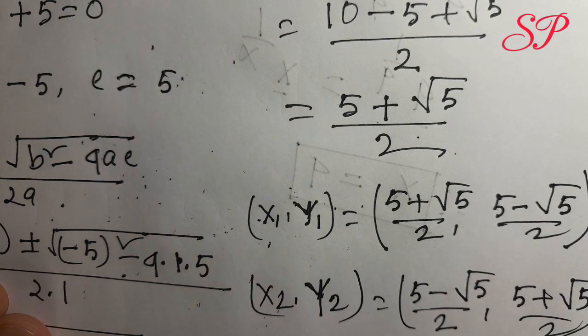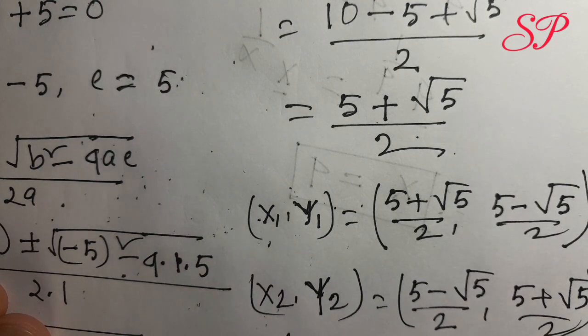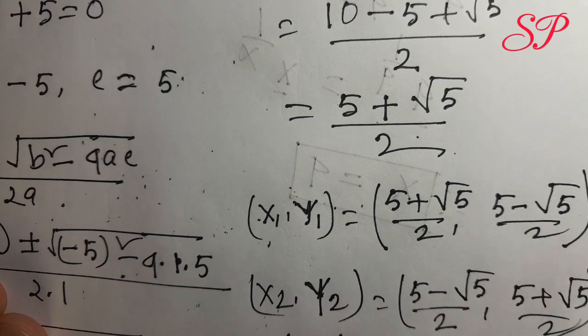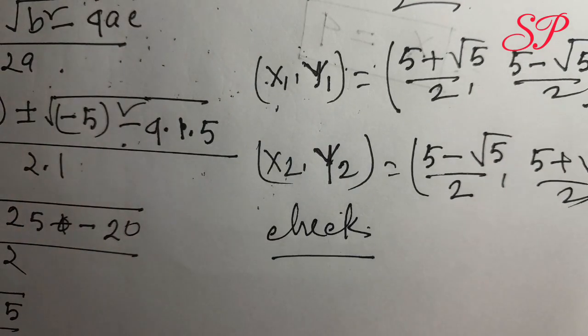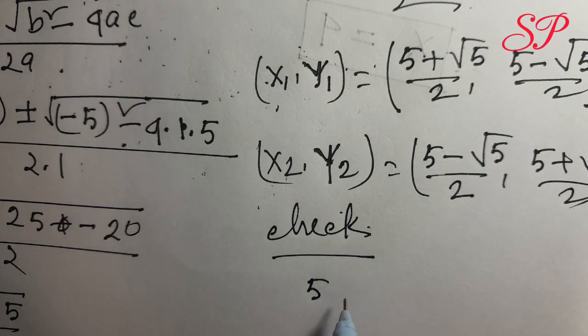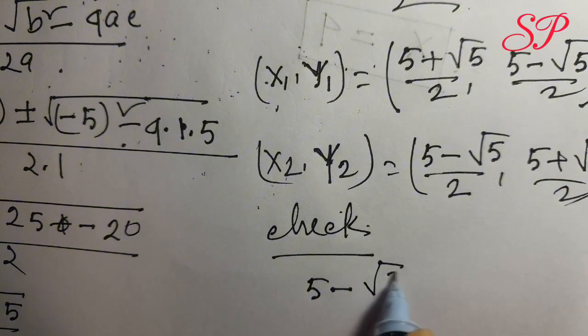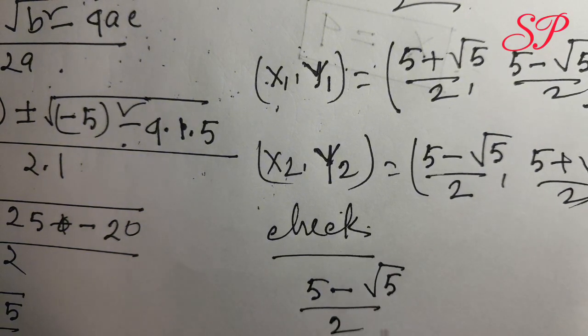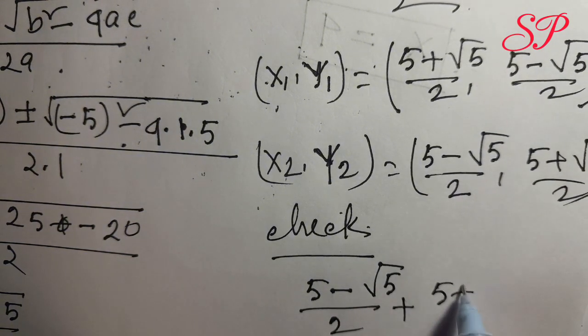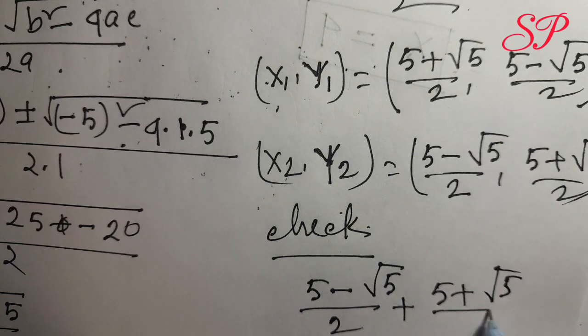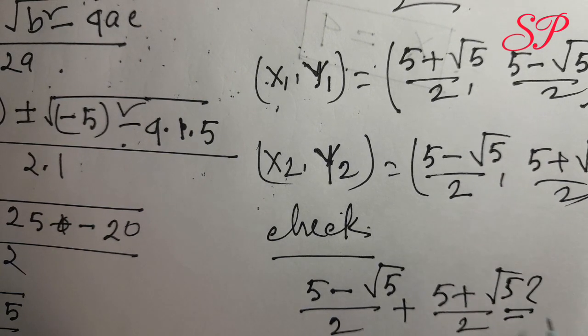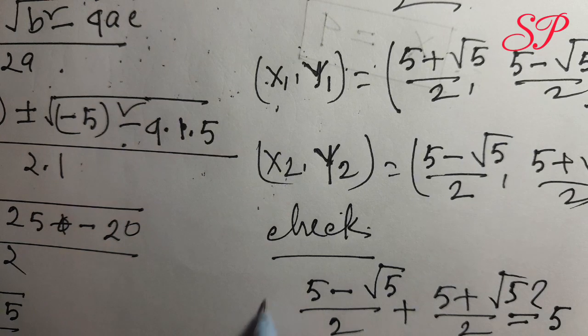Now for checking, x plus y, that is, 5 plus root 5 by 2 plus 5 minus root 5 by 2 is equal to 5.